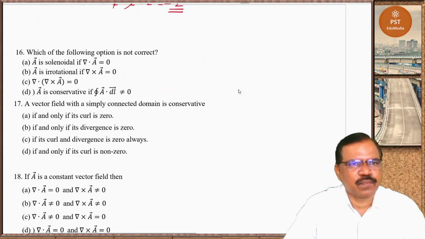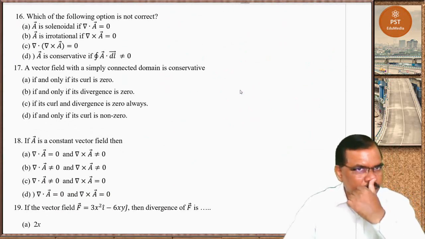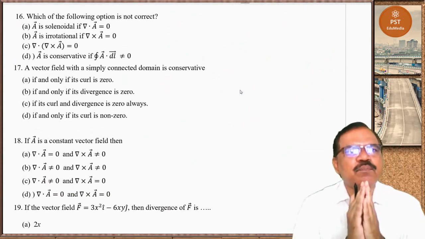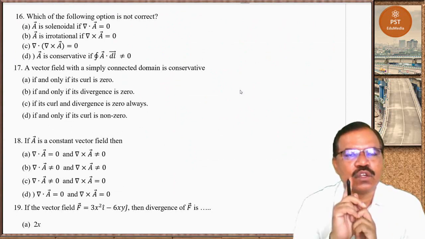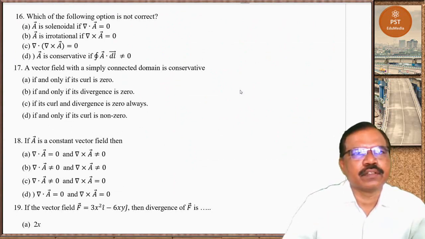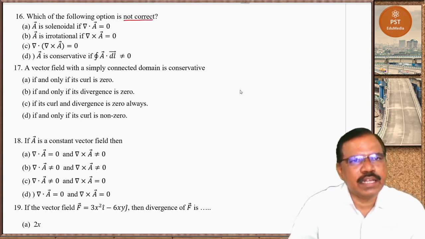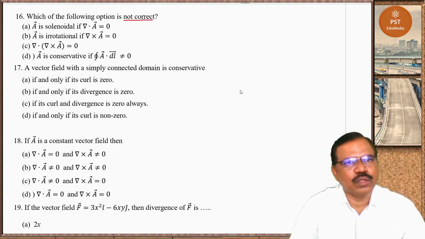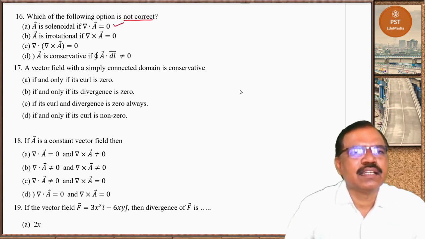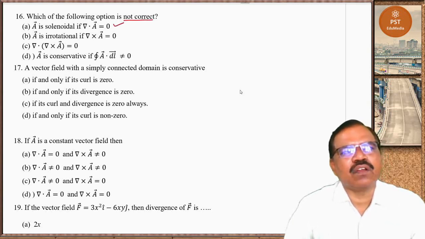Now next one. Which of the following options is not correct? A is solenoidal if del dot A is 0. We know this is correct. Next one: A is irrotational if del cross A is 0.